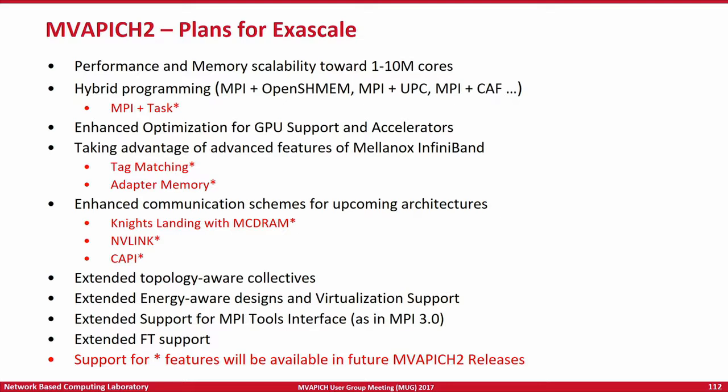As Ron mentioned, can you do some sort of mapping of small operations to improve the performance? We also want to see how best to take advantage of MCDRAM and the NVLink and CAPI interconnects that are coming up in the Knights Landing and OpenPOWER systems respectively.